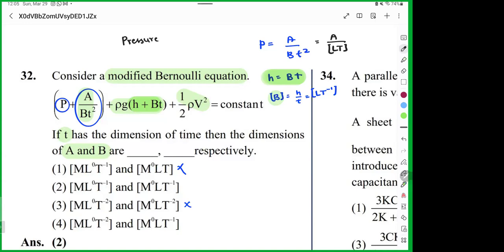Pressure formula is force per unit area. Force is MLT minus 2. Area is L square. So pressure unit is ML minus 1 T minus 2. Correct? LT will go to the other side. It will be M L0 T minus 1.